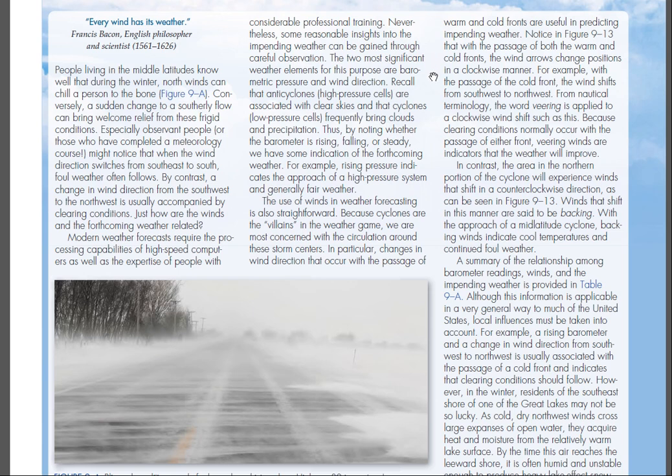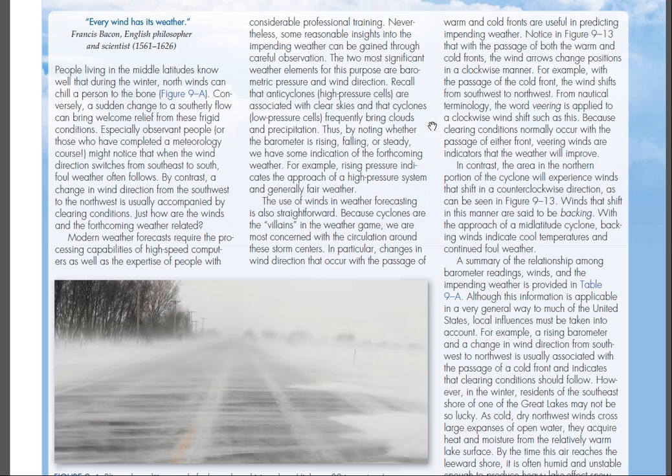For example, with the passage of the cold front, the wind shifts from southwest to northwest. From nautical terminology, the word veering is applied to a clockwise wind shift such as this. Because clearing conditions normally occur with the passage of either front, veering winds are indicators that the weather will improve.